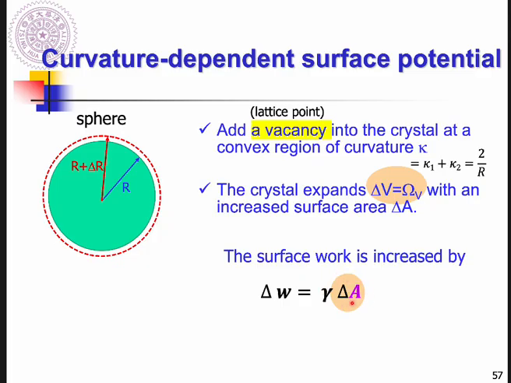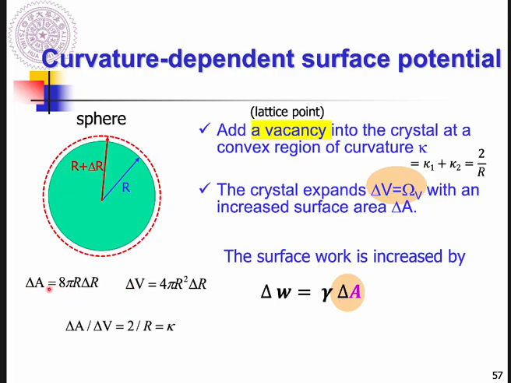But I still have difficulty linking delta A, the increased area, with omega V, because I know that this is the atomic volume, right? But I have no idea about delta A. So is there any relationship between delta V and delta A? So I got the relationship.